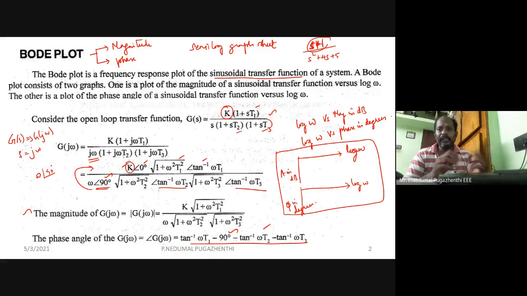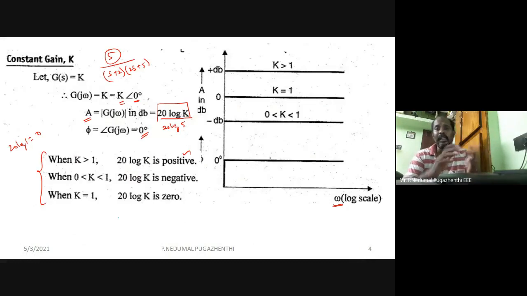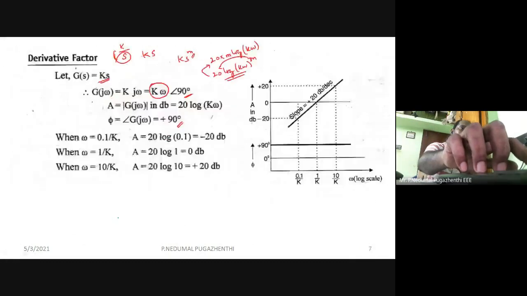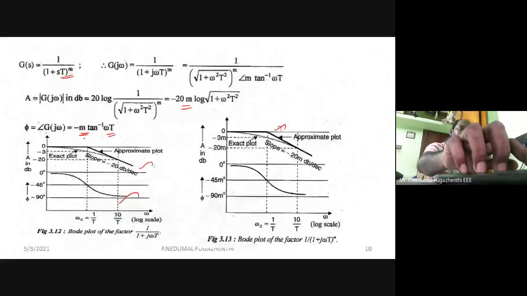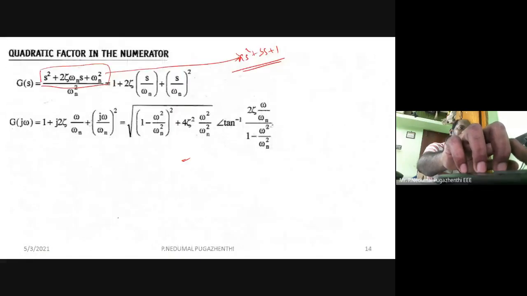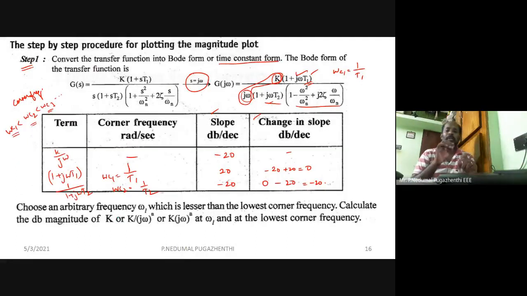Identify each factor in your transfer function, and for each factor try to form the magnitude factor and the phase factor. Try to write two equations. Based on these two equations, you identify different factors and find the magnitude with respect to the slopes. So you may end up with different points with corresponding omega change and its corresponding magnitude value.